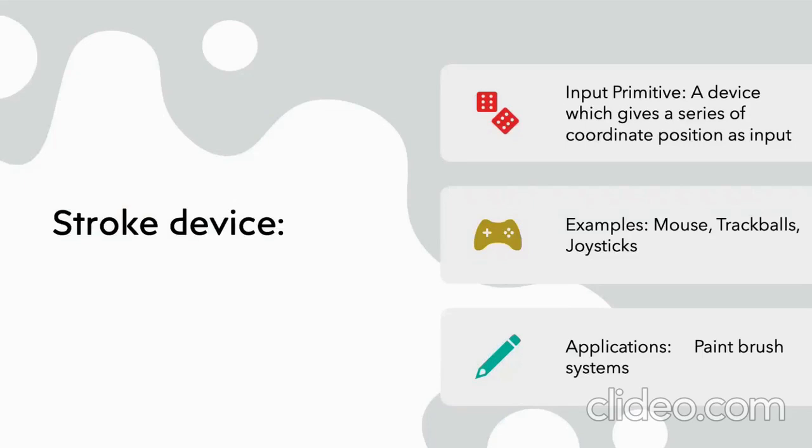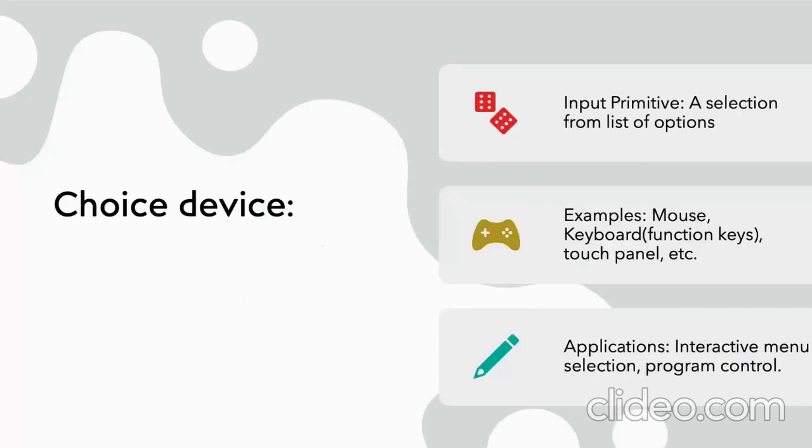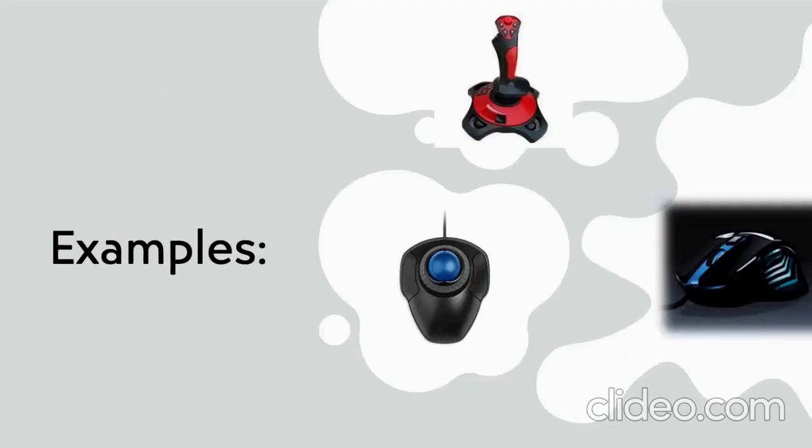Here, the most commonly used stroke device is the tablet, which is used to take a series of coordinate positions as an input. And locators, such as the mouse and joystick functions, are used as stroke devices. These stroke devices are most commonly found in paintbrush systems, which is an application of it. And these are the examples for the stroke devices.